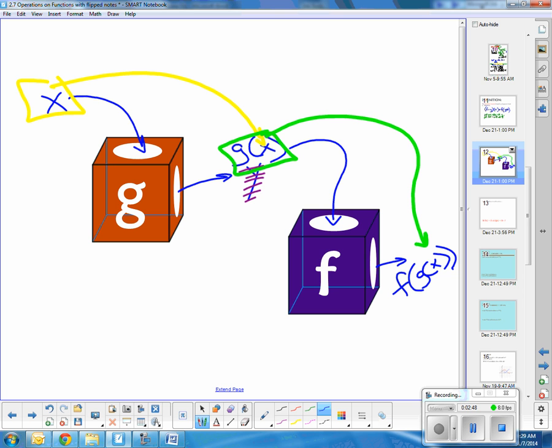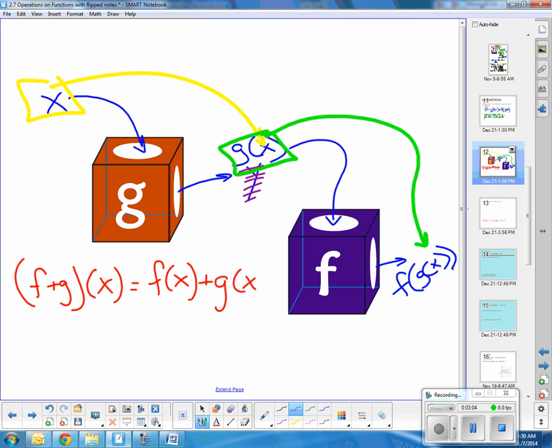As opposed to addition, subtraction, multiplication, and division, where I'm finding the two pieces separately, if you recall, we had f plus g of x equal to f of x plus g of x.